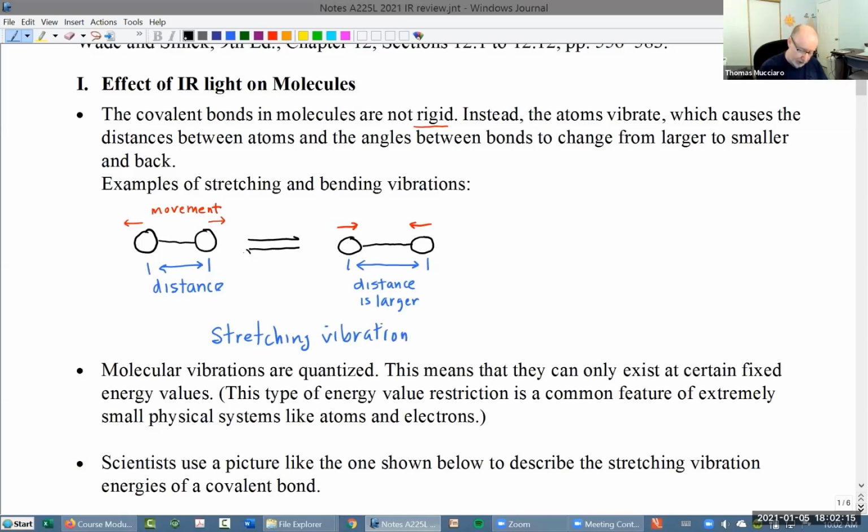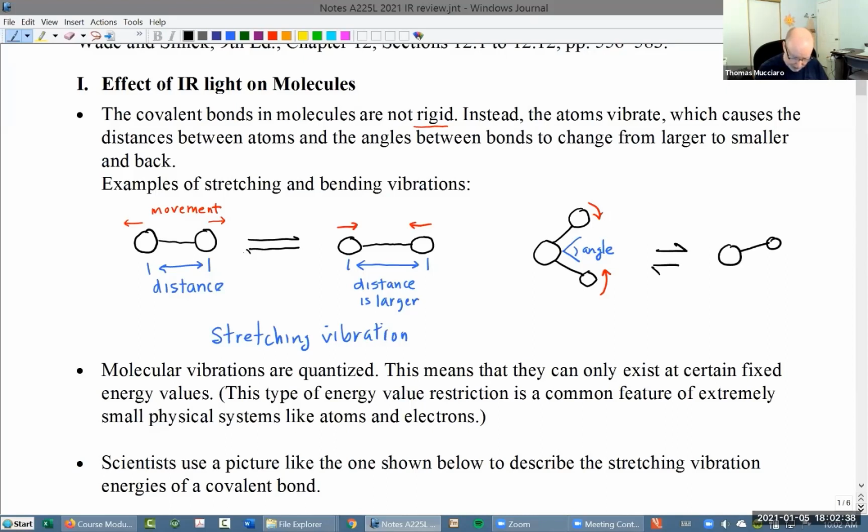Okay, there's also a vibration that looks like this.